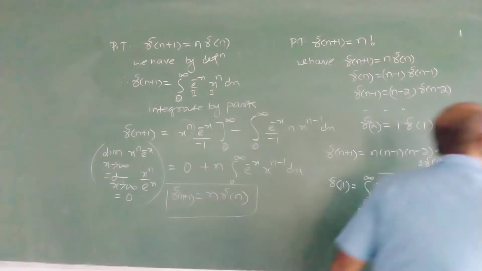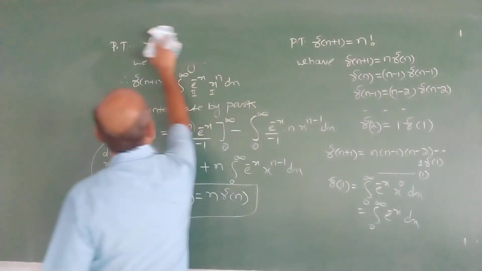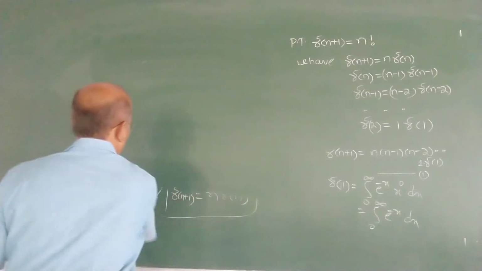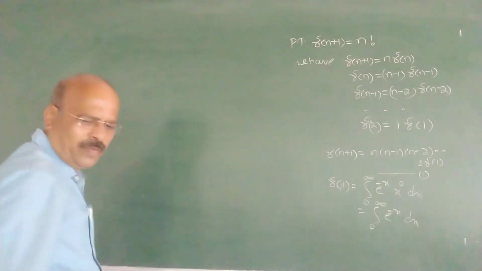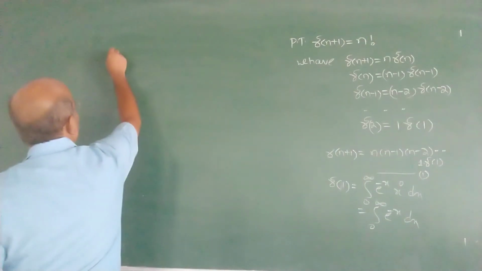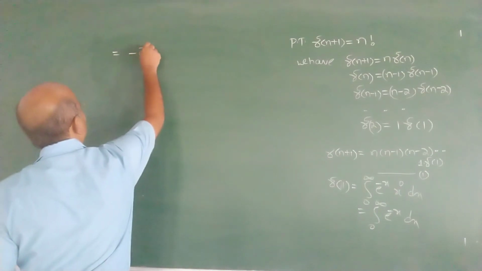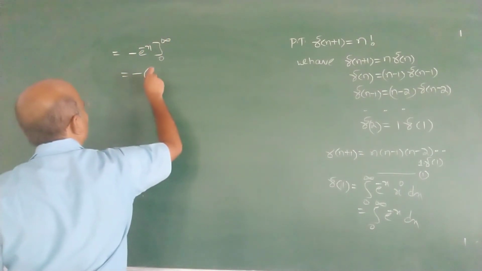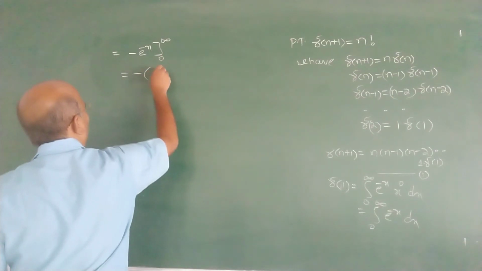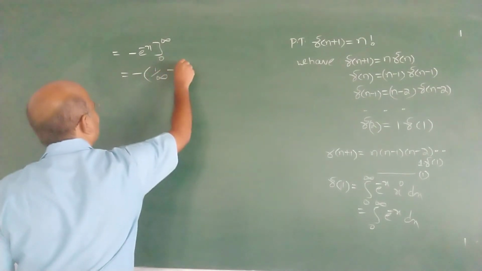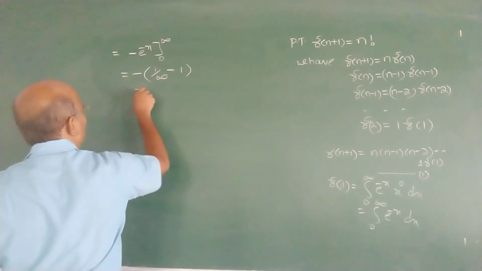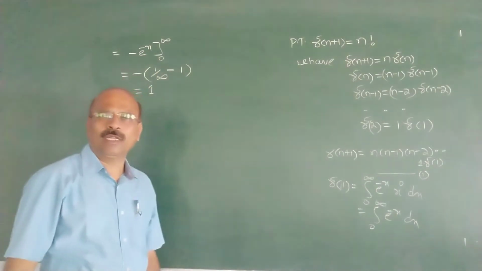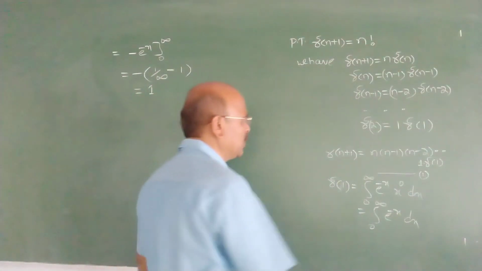Now evaluate: the integration is minus e raised to minus x from 0 to infinity, which is minus of 1 upon infinity minus 1. E raised to 0 is 1, 1 upon infinity is 0, therefore gamma 1 is 1.